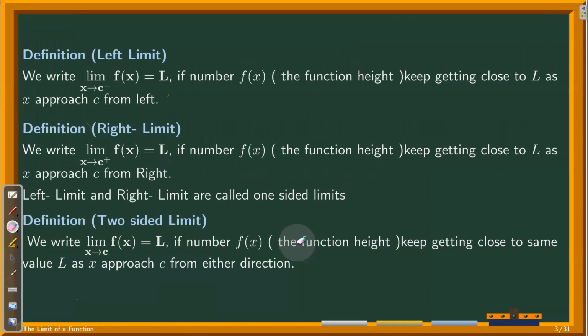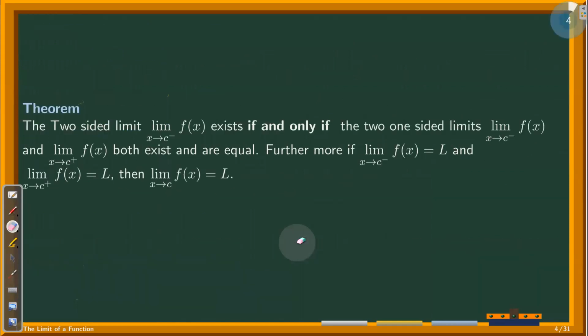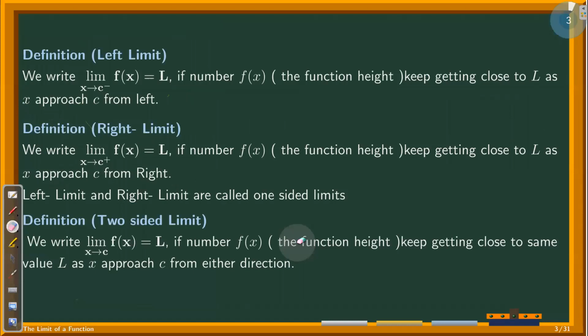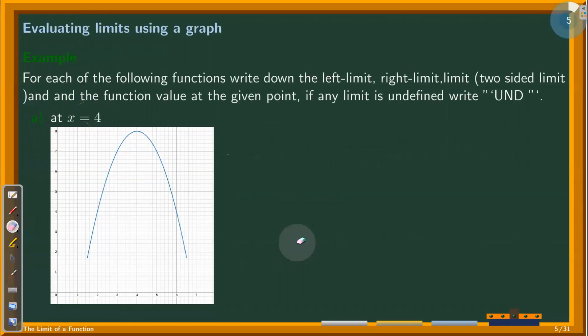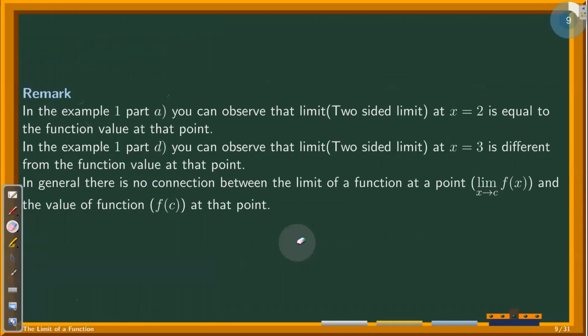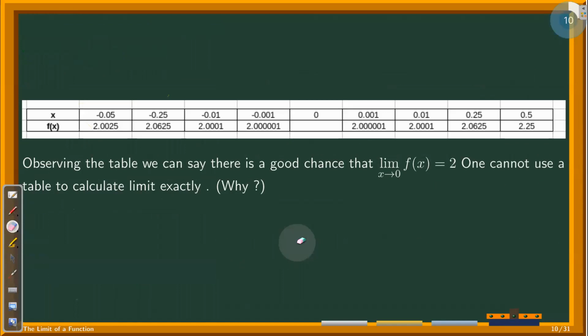Even if we have a graph, this definition is useful. If we are given only the equation, you can try to make a table, but a table is not a very good tool for limits, because of the reason I explained.